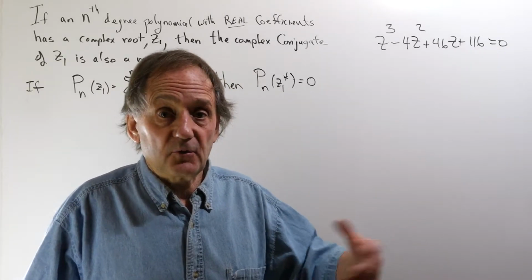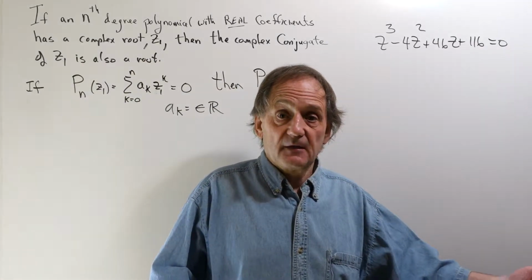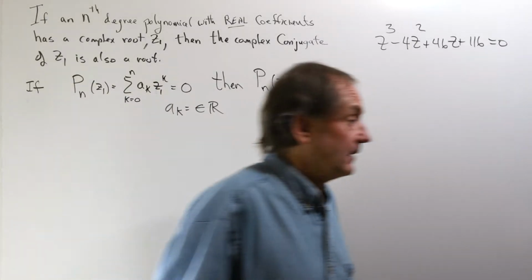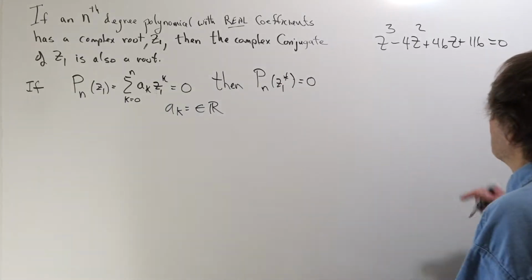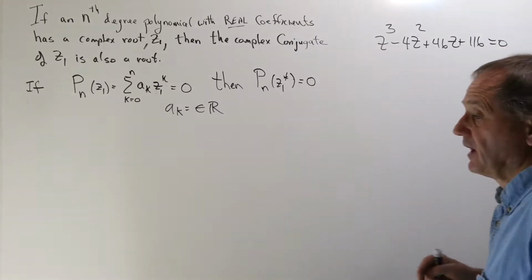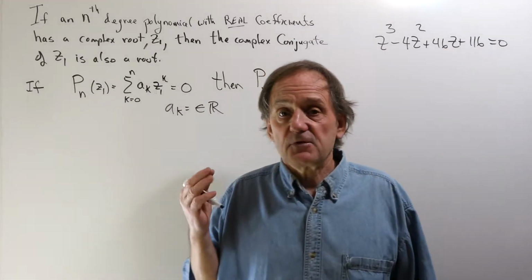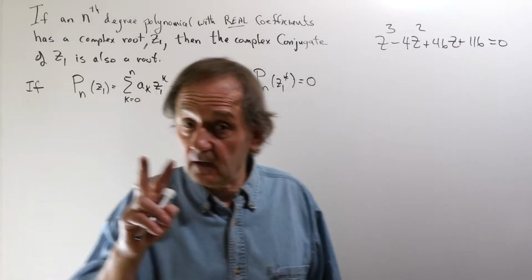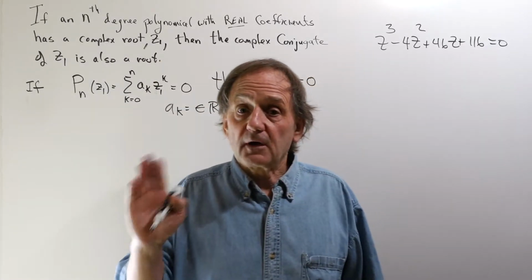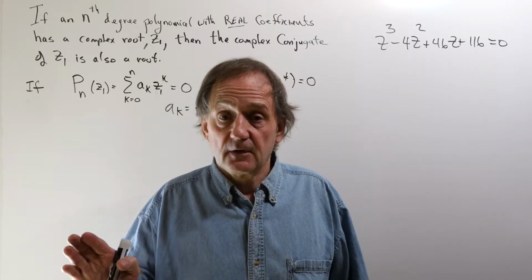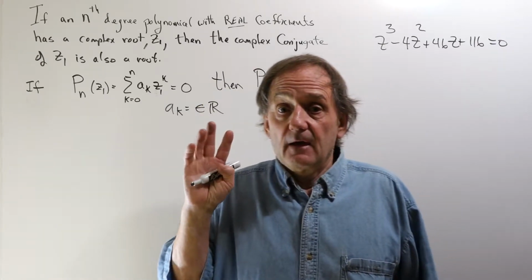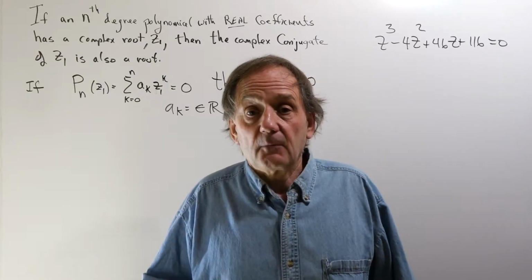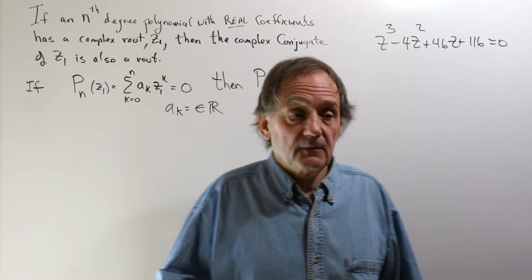An nth degree polynomial always has the same number of roots as the highest order of power in the equation. So we're guaranteed to have three roots here. And the other thing is if you have an odd order polynomial, one of the roots has to be real, because the roots occur in complex conjugate pairs. So if you have an odd number, that odd one root has to be real.